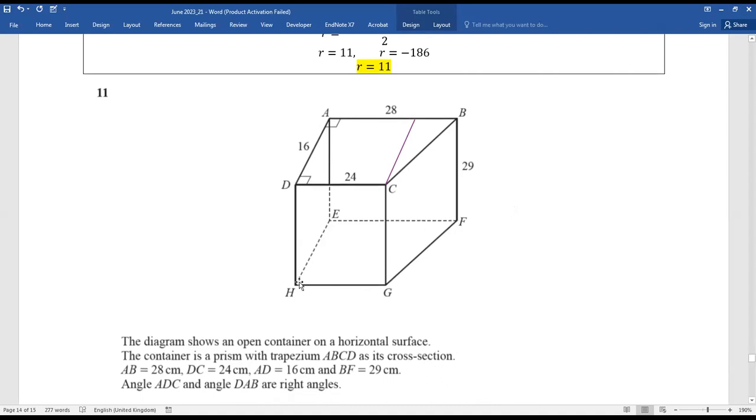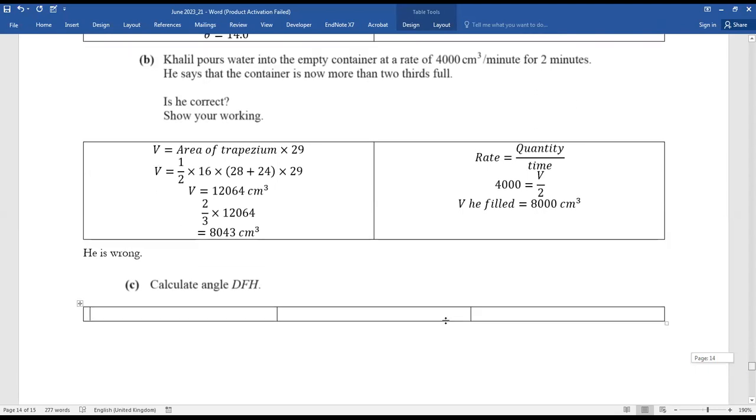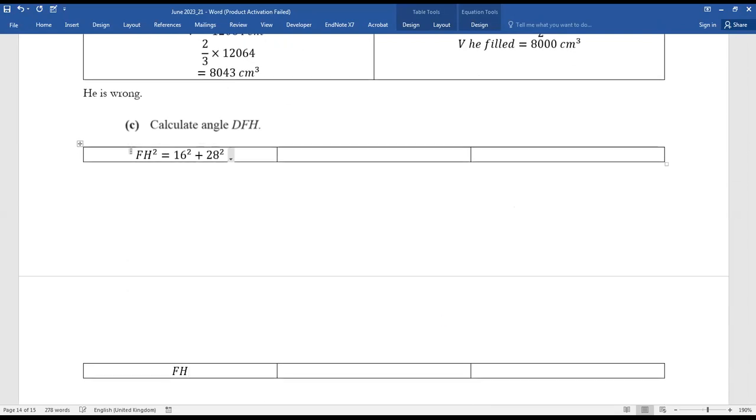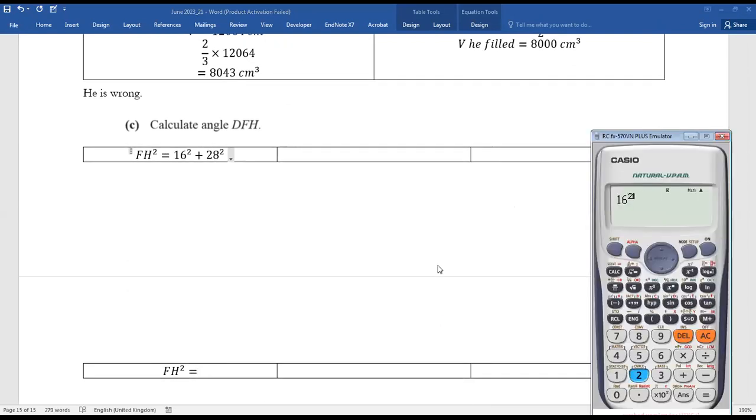FH is the diagonal of this trapezium. On top, you can imagine it as BD. I'm applying Pythagoras theorem to triangle ABD. So applying, FH square is equal to 16 square plus 28 square, which is 1040.